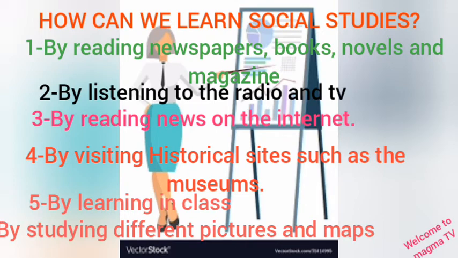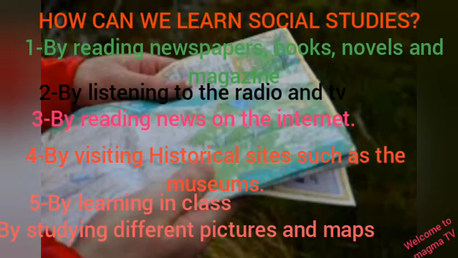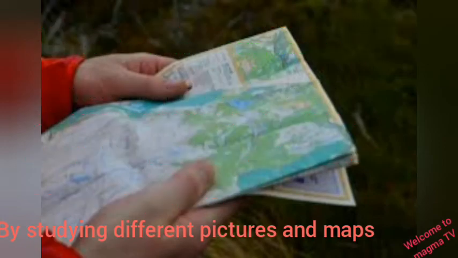Some pictures were drawn a long time ago, and when one tries to study these pictures, it may be easy for them to learn about history, civic education and geography. Of course, using maps as well can help us learn social studies. So the last one is by studying pictures and maps.